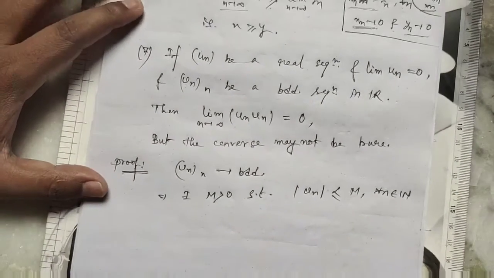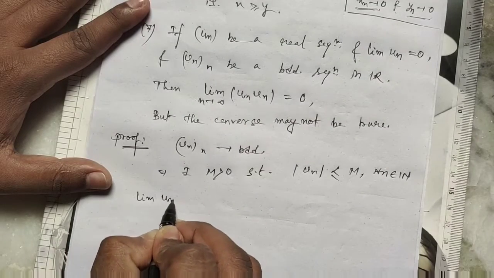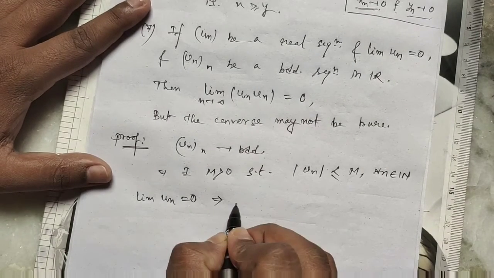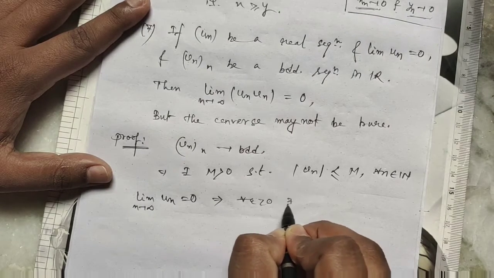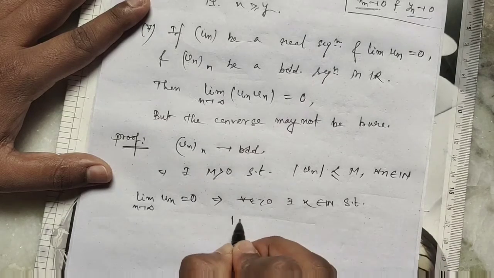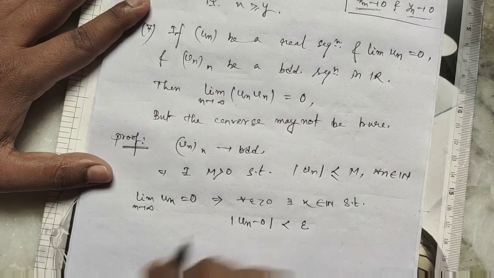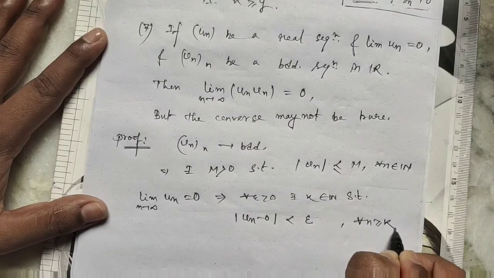Now limit un equals 0, so this implies by the definition of a limit of a sequence, for each epsilon greater than 0 there exists a natural number k such that mod of un minus 0 is less than epsilon for all n greater than or equal to k.